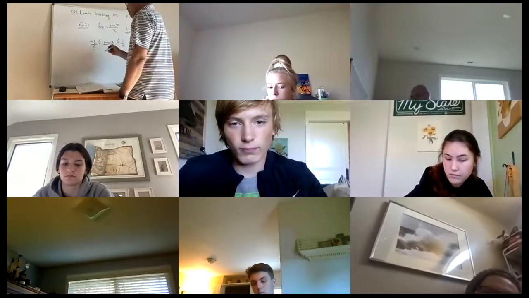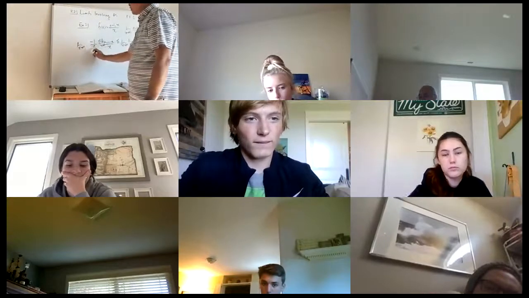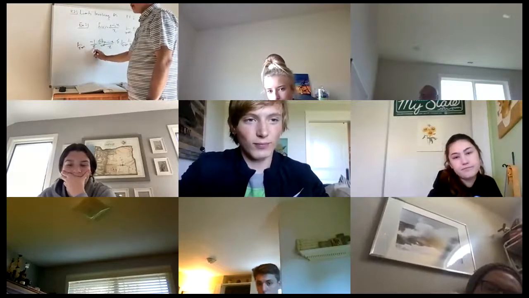Now I'm going to go ahead and take the limit as x goes to infinity on all of these. I know this guy, as x goes to infinity, if I put a billion here, I get -1 over a billion, which is basically 0.